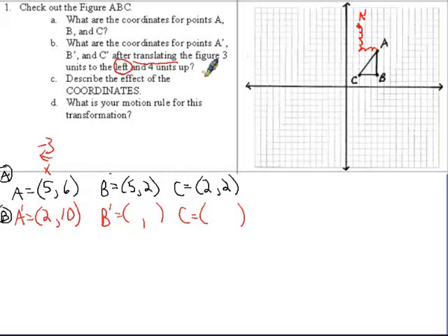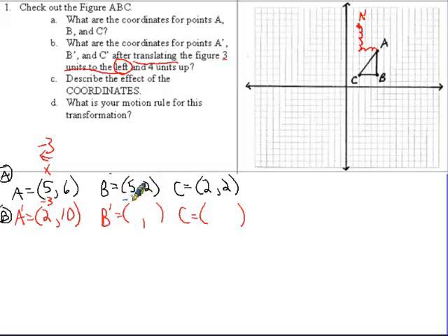But in this case, it says 3 units to the left. So that means I'm going to subtract 3. And you see 5 minus 3 gives me 2. So that explains where that 2 came from, even if I didn't graph it. So let me change the color again.